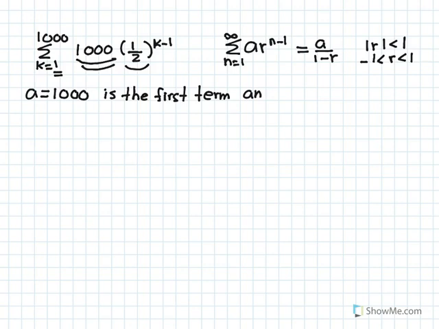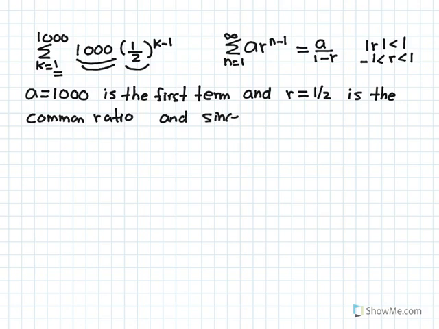And the common ratio, r, is equal to 1 half. This is the common ratio of the geometric series. And since r equals 1 half is less than 1, so we have a sum for this series.